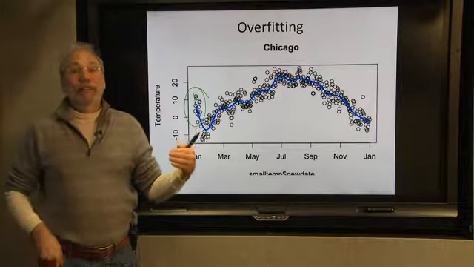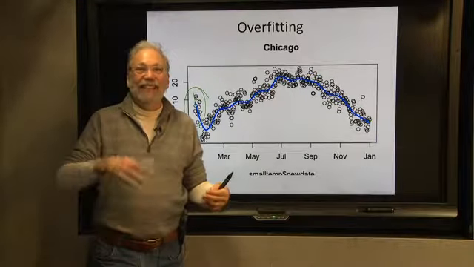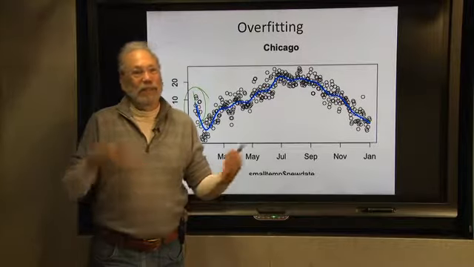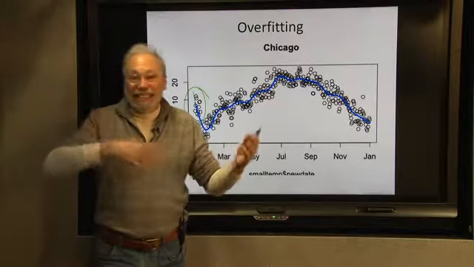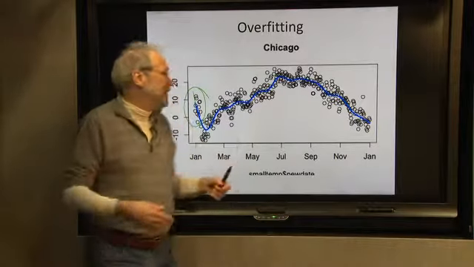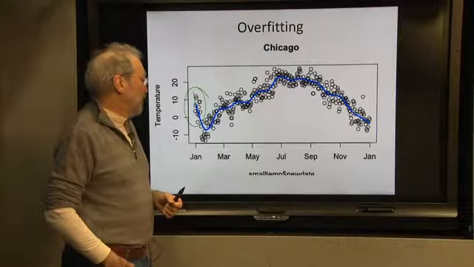So if I really want to know what's the pattern of temperature in Chicago, as opposed to what were spontaneous slight changes in weather patterns and stuff like that, I might be overfitting this curve.